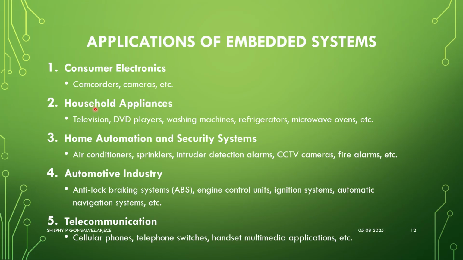Now, when it comes to the applications of embedded systems, there are various applications like consumer electronics, which includes camcorders, cameras, etc. Household appliances like TV, DVD, washing machine, refrigerator, microwave ovens, etc. Home automation and security systems, including AC, sprinklers, intruder detection alarm, CCTV cameras, fire alarms, etc. Automotive industry: ABS, engine control unit, ignition system, automatic navigation systems, etc. And telecommunication, which includes cellular phones, telephone switches, handsets, multimedia applications, and many more.